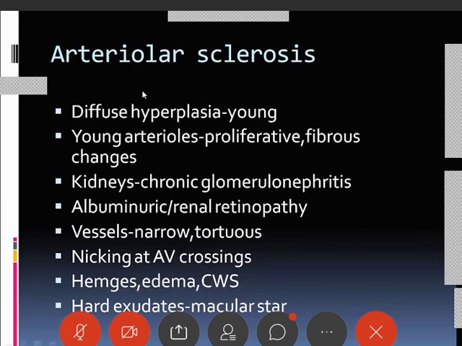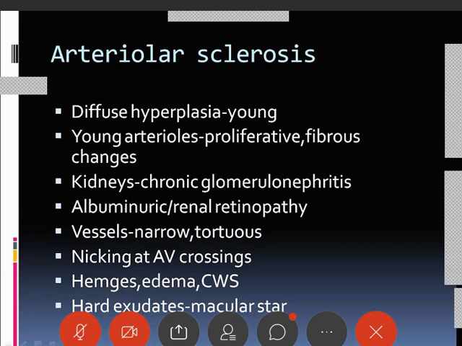Then the third situation is arteriolar sclerosis. For example, there is a young patient with high blood pressure for a prolonged time.